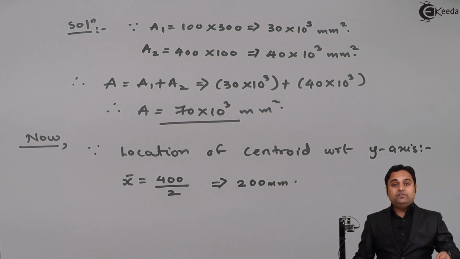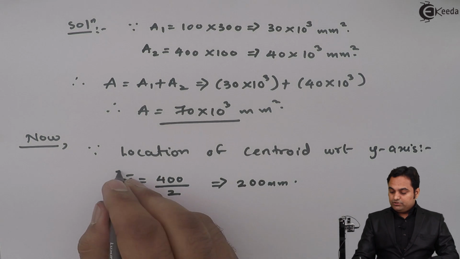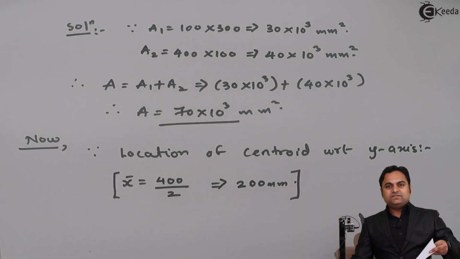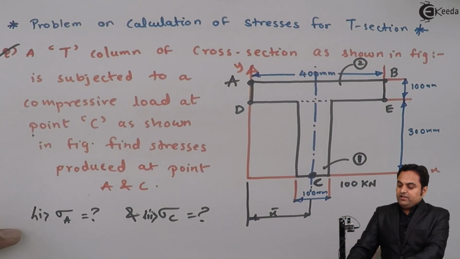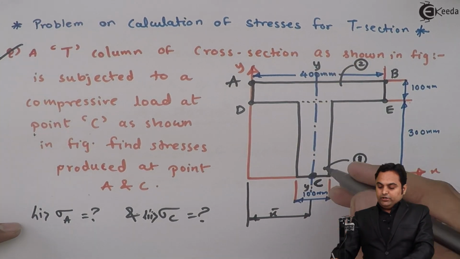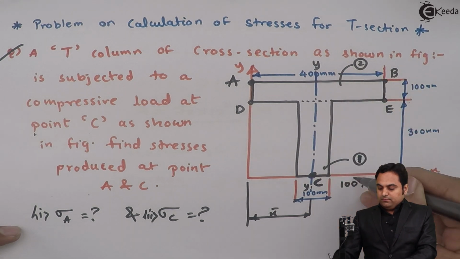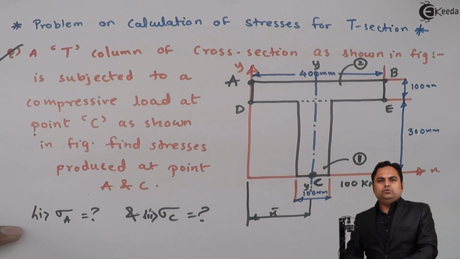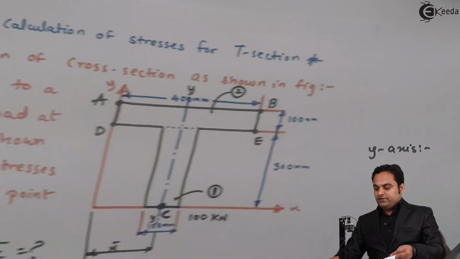Then I have to even calculate y bar, because we know that since the T section is symmetric about the y-axis, the centroid will be on this y-axis, but at which distance we don't know, and for that we require y bar.